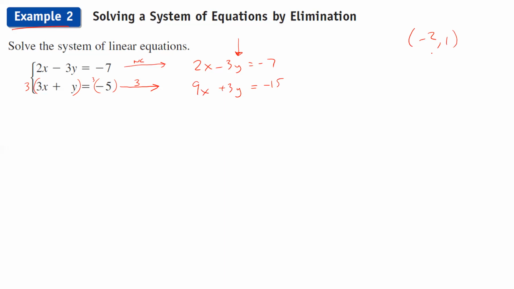Okay. So let's add. That's 11x. Eliminate. That's exactly what I wanted. -7 plus -15 makes -22. Divide through by 11. I got x is equal to, hey, -2.